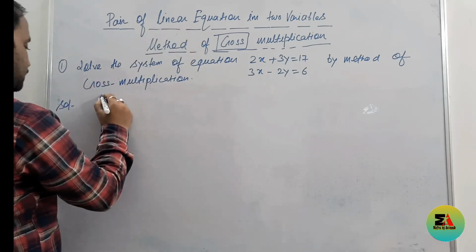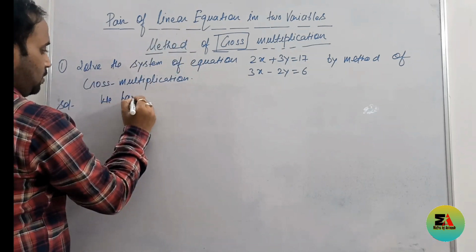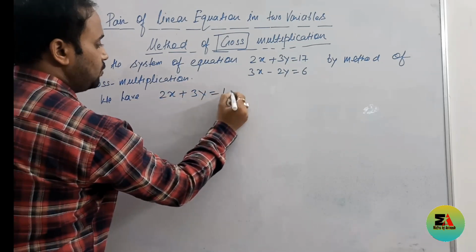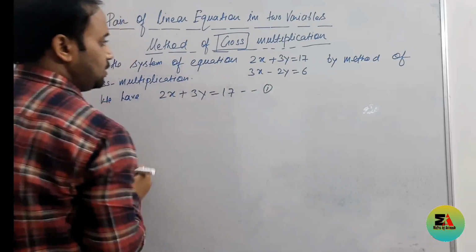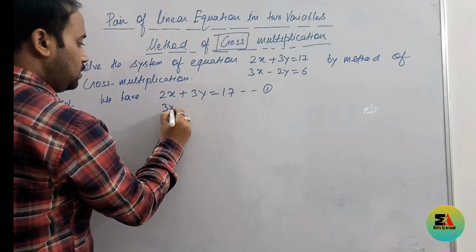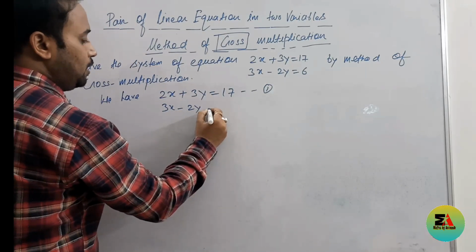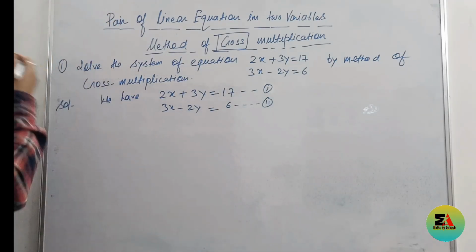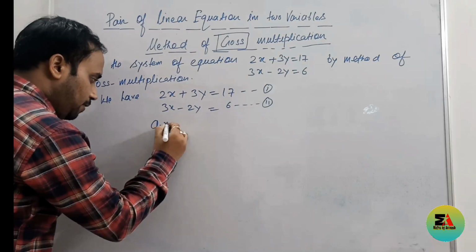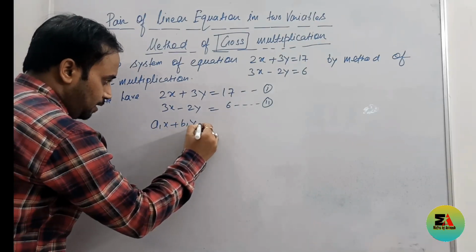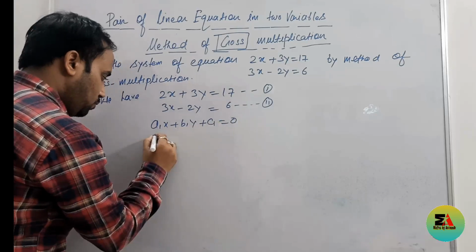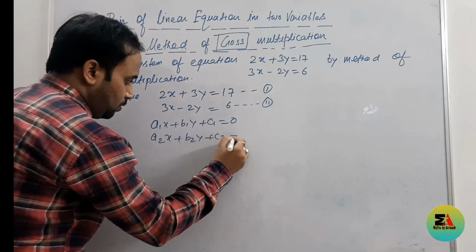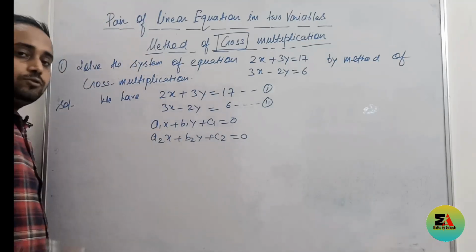First write down our equations. Our first equation is 2x + 3y = 17. Our second equation is 3x - 2y = 6. First, we have to reduce them to this form: a1x + b1y + c1 = 0 and a2x + b2y + c2 = 0.